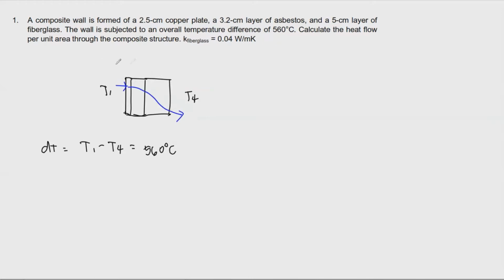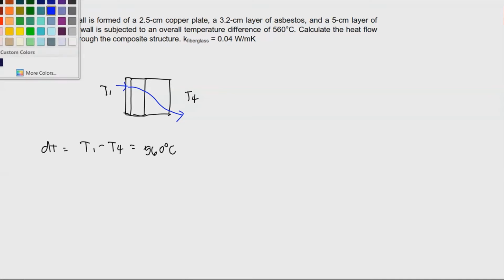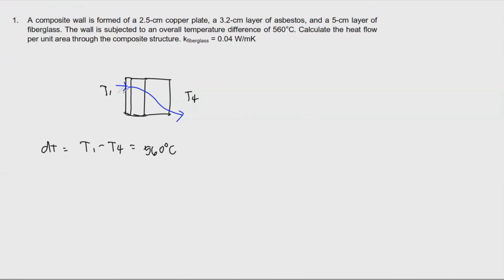So if you would like to take a look at the temperature gradient, then this is probably it, because we would assume that T1 is the highest temperature and T4 is the lowest, which is the outside temperature. The next one is that we've already derived the equation for conduction through series, and in this case the heat flow is asked per unit area.